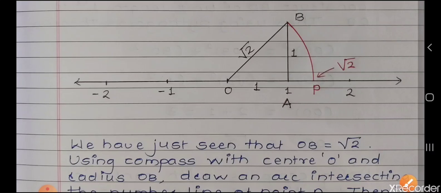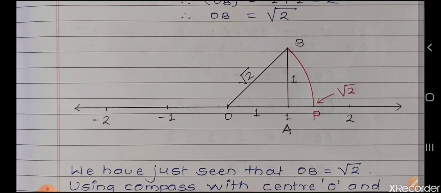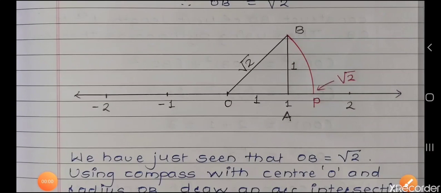Next I draw a perpendicular AB to the number line. So the distance of AB is also 1 unit. Then we join OB.